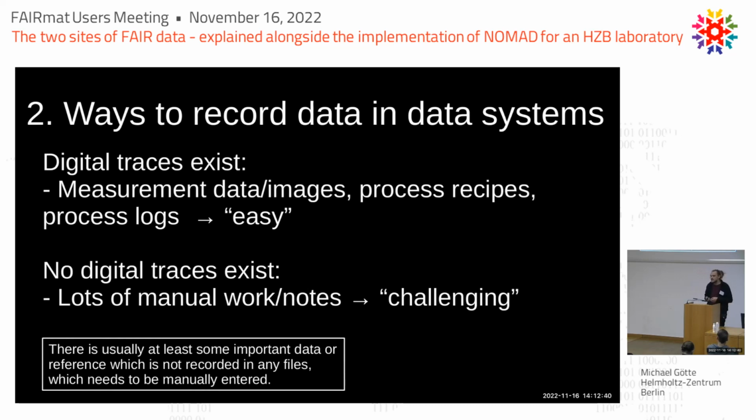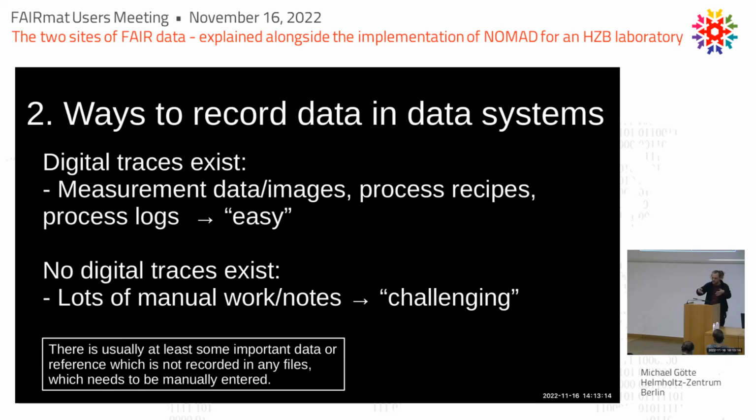So if you're in the lucky situation that you have digital traces, it's kind of easy, and you can try to think of automating and processing these digital traces, like files which come somewhere, or API calls to an instrument or whatever you fancy. The more difficult part in solar cell manufacturing is that a lot of steps still involve a lot of manual activity by scientists in the lab, like having hands in a glove box. And having hands in the glove box is already the first point.